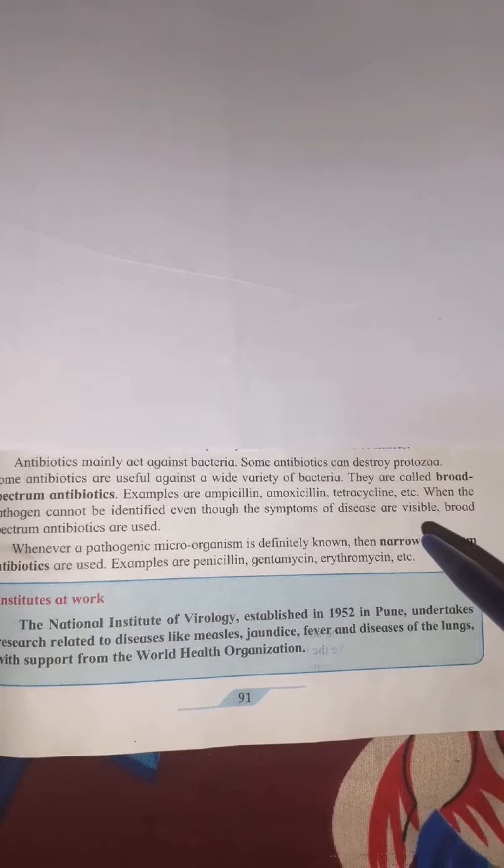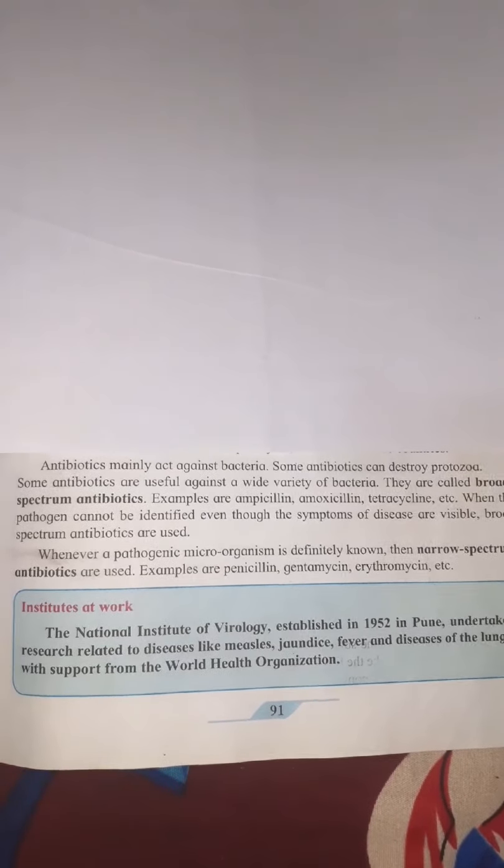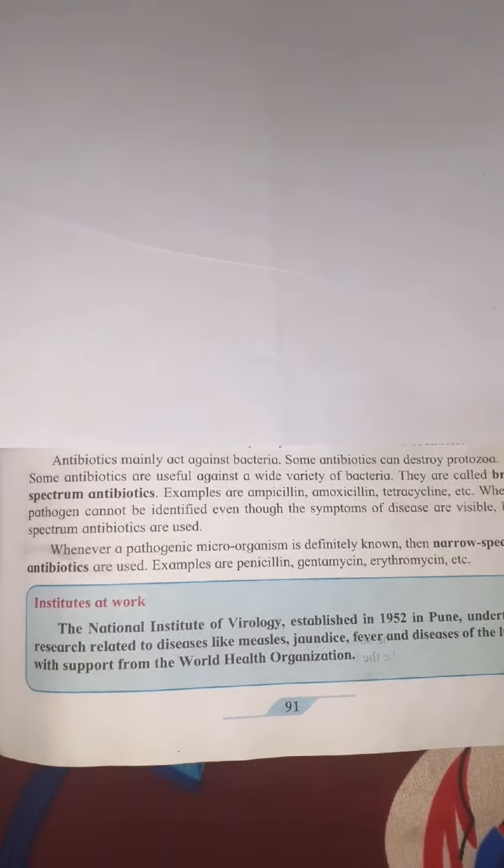The diseases whose symptoms are not visible. Not visible means particular symptoms cannot be seen, like common cold, cough. These are very common symptoms for a large variety of diseases, but if a particular specific symptom is not being identified, then the doctor will suggest or give broad spectrum antibiotic.